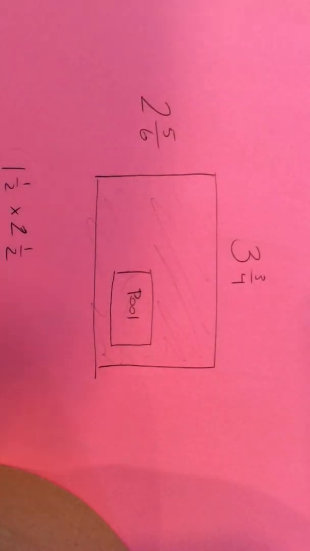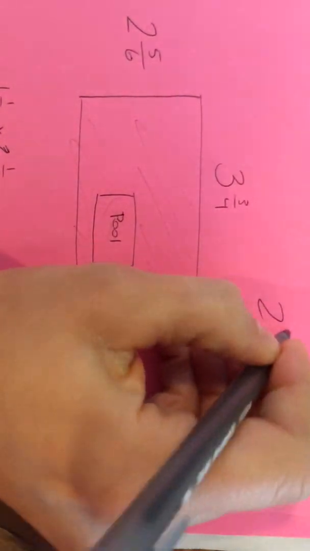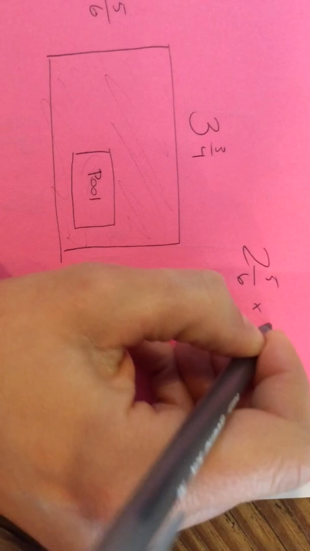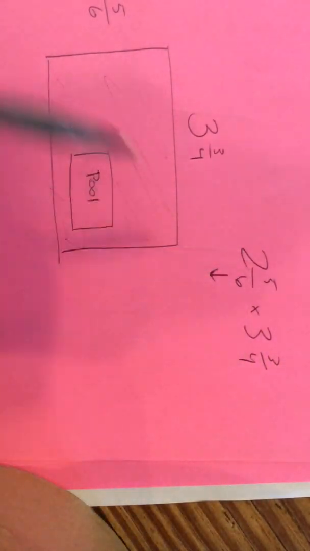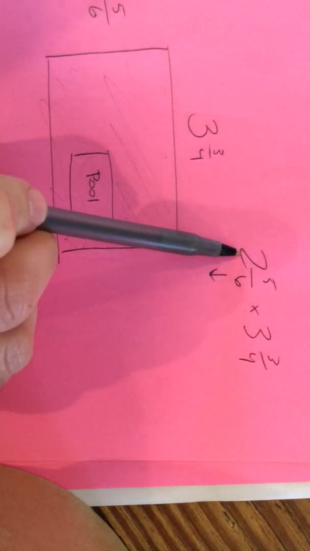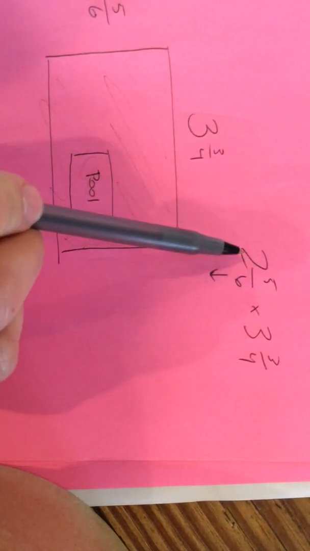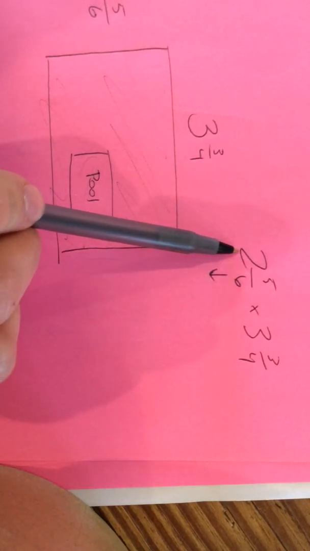And then when you did this one, let's say 2 5/6 times 3 3/4. So 2 5/6, turning that into an improper fraction. One whole has, we're talking about 6, right? There are 6 sixths in one whole and 12 sixths in 2 wholes.